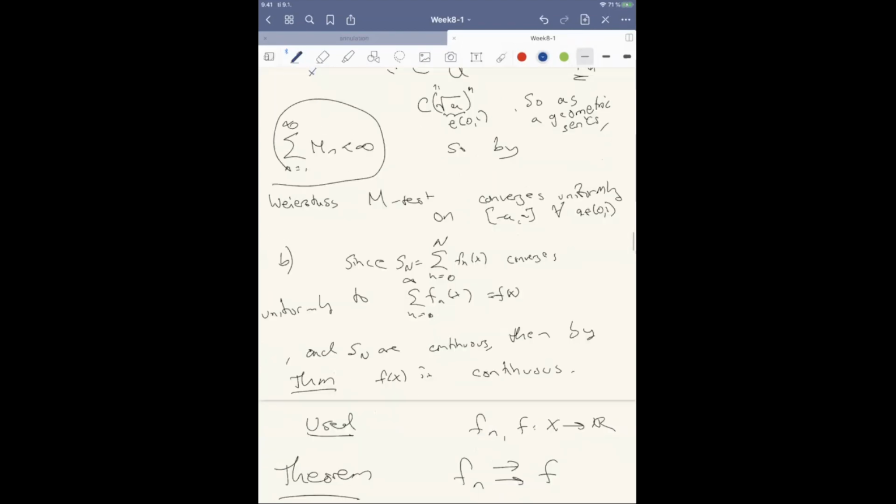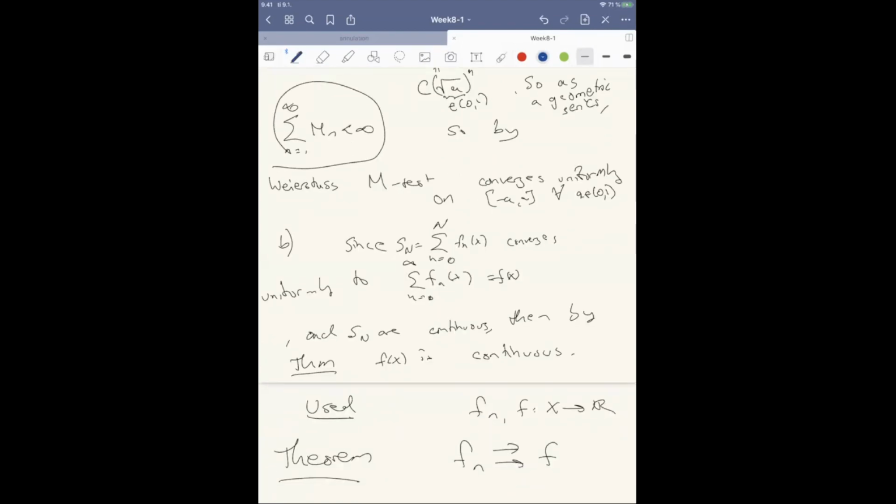Okay, so now let's get to continuity. We know that now S_n converges uniformly to the infinite limit on this closed interval minus a to a, with a in 0, 1. And S_n is continuous. Why?